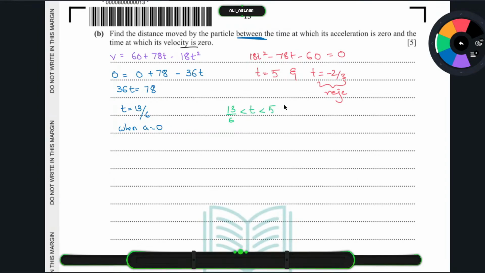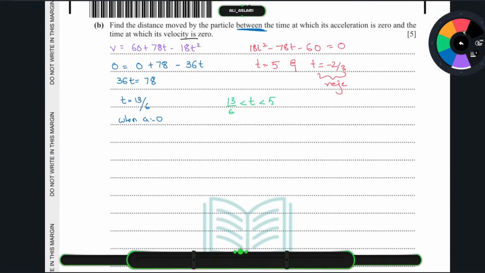So displacement would be s is equal to 60t plus 78t squared divided by 2, that is 39t squared, and 18 divided by 3 is minus 6t cubed. Integrate this with respect to the limits, that is 13 by 6 to 5.